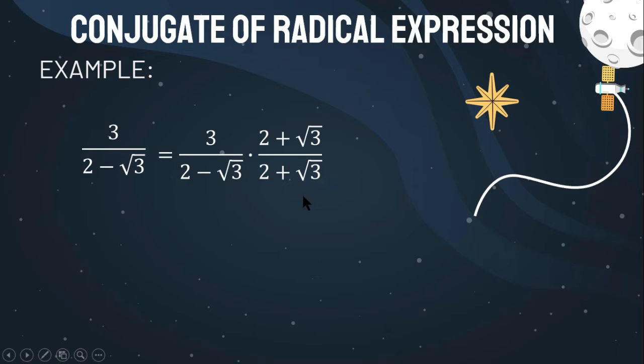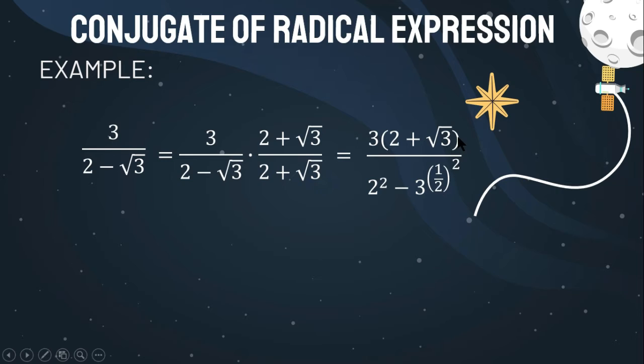So that is 3 times 2 plus square root of 3. And then the denominator, the square of the first term, 2 squared, minus the square of the second term, which is square root of 3. And I changed this to rational exponent, which is 3 raised to 1 half and then raised to 2 because it is the square of the second term.